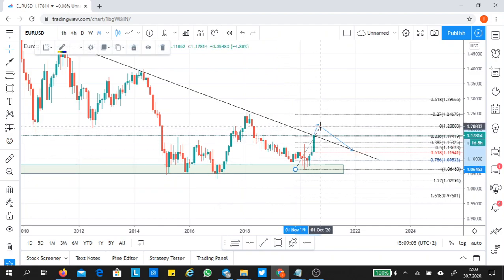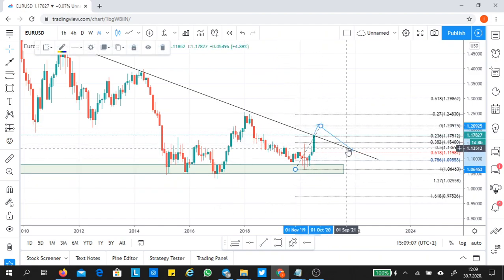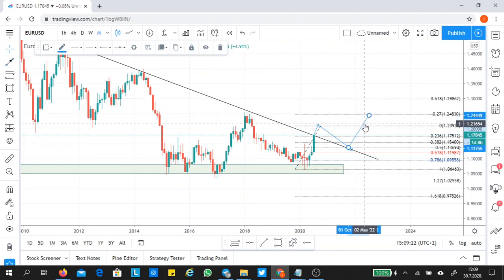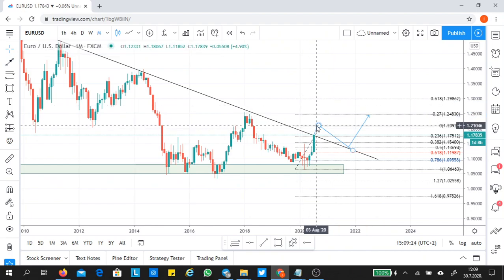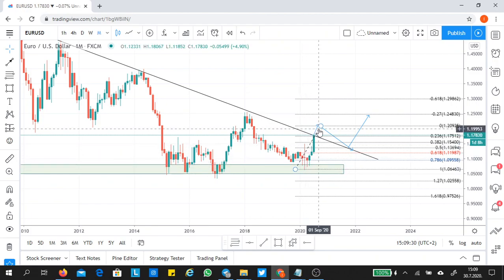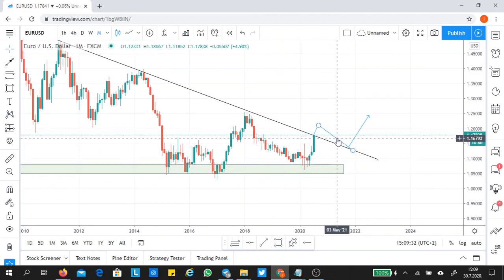But let's say that we are expecting a retracement, and then we are ready at the retracement again along with the retest of the trend line, and then we are ready to take a long position which will then have a target of this and this. This is one scenario.